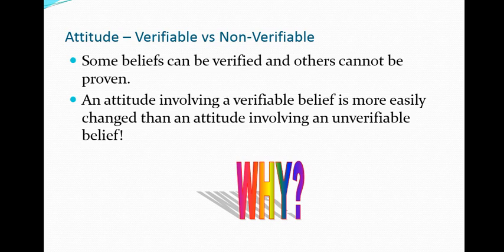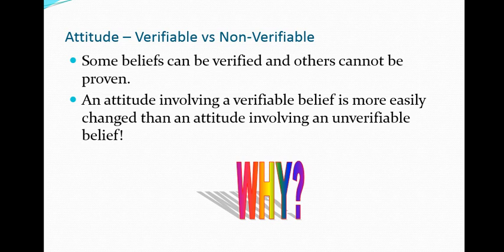Some attitudes are verifiable and others are not. Some beliefs can be verified and others cannot. The attitude involving a verifiable belief is more easily changed than an attitude involving an unverifiable belief.